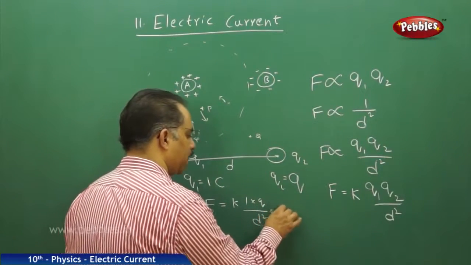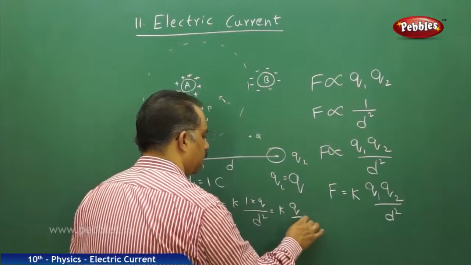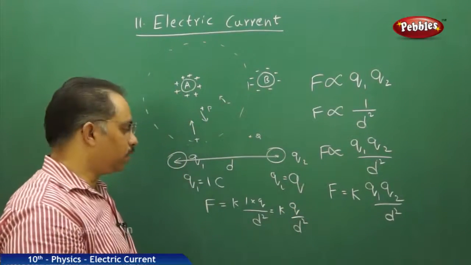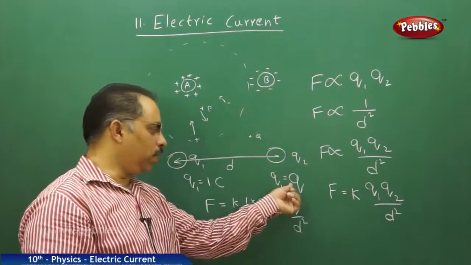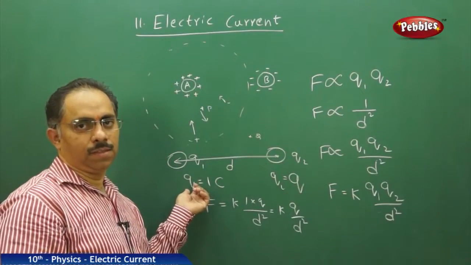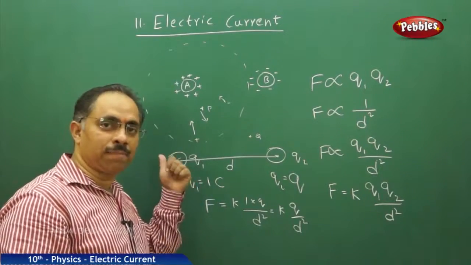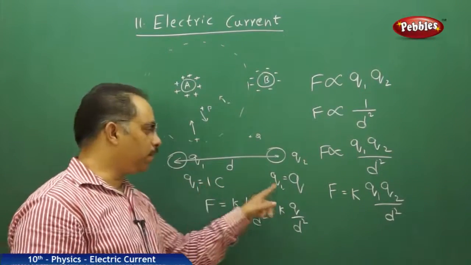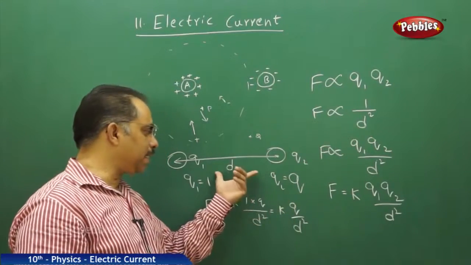I can write it as K Q by d square. So this is the force between one charged body and another unit charged body. I can say this is the force experienced by this 1 coulomb of charge because of this charge, which is placed at a distance d.